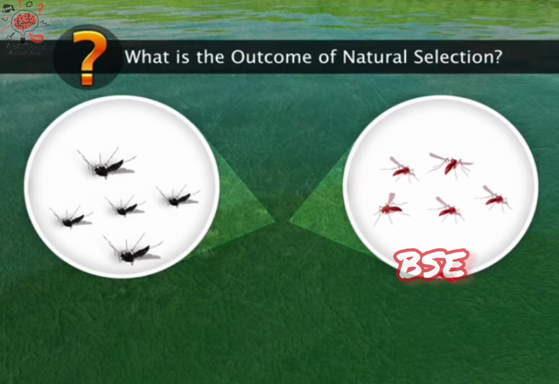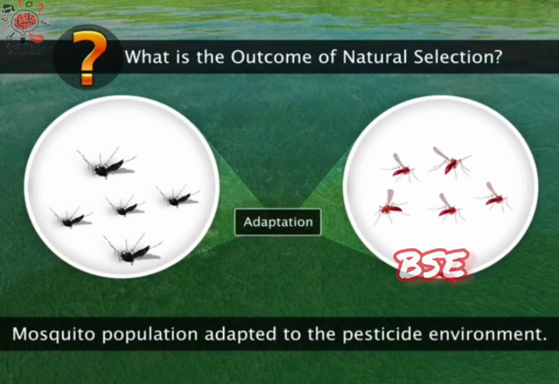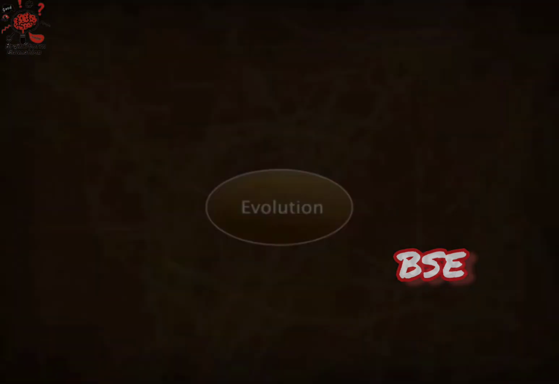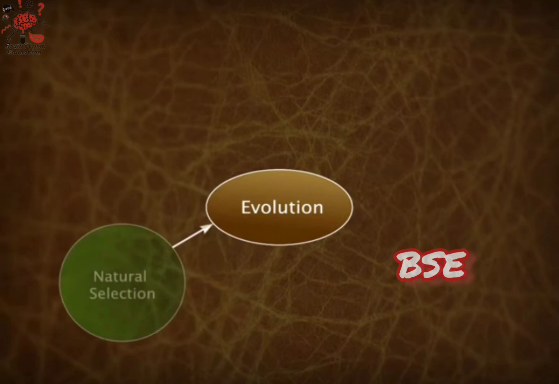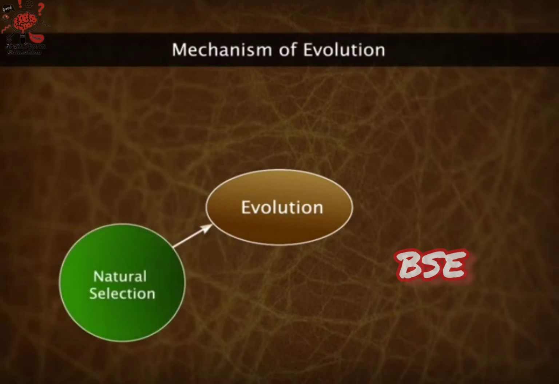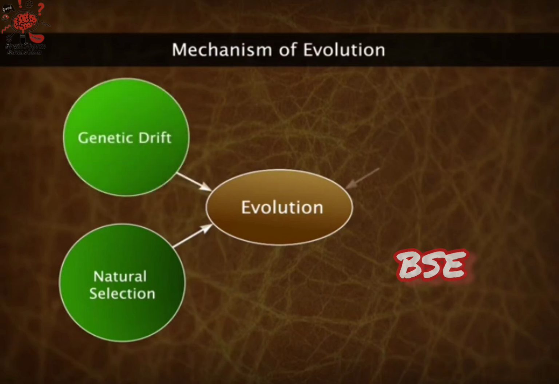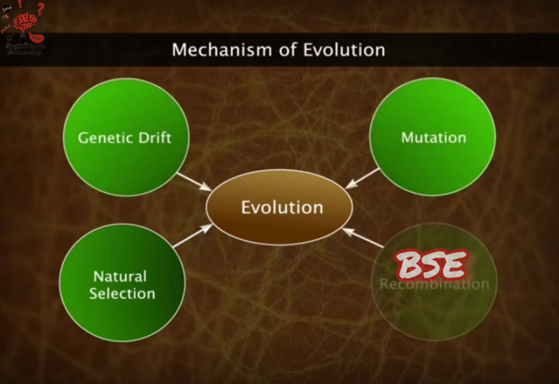The outcome of natural selection is the adaptation of a population to their environment. The point to remember is that natural selection is one of the mechanisms of evolution. There are other phenomena such as genetic drift, mutation, and recombination that can result in evolution.